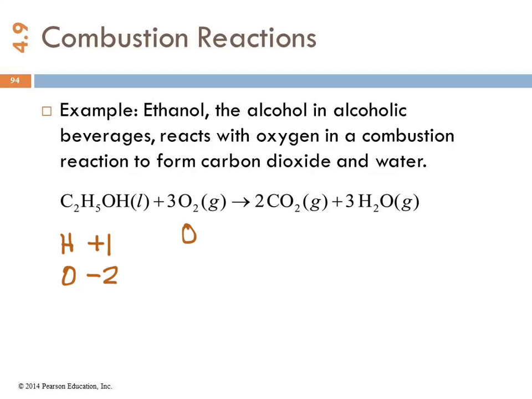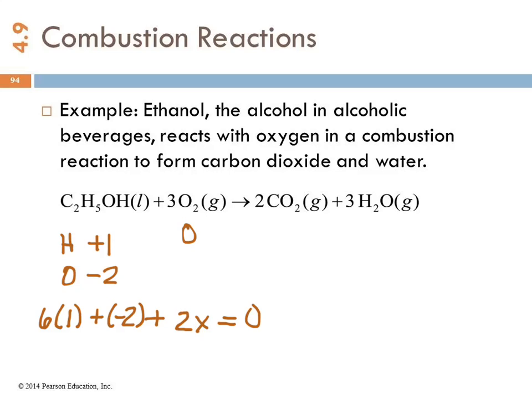Carbon has to suck it up and take what's left. So this one's a little complicated here. We've got 6 hydrogens, 6 times 1, and we've got 1 oxygen. That's a negative 2. And then we have 2 carbons, so we'll call that 2x. And that adds up to 0 because it's a compound.